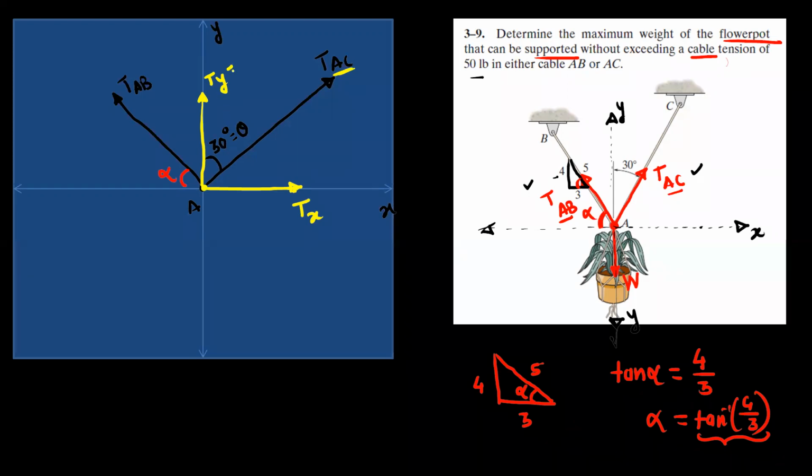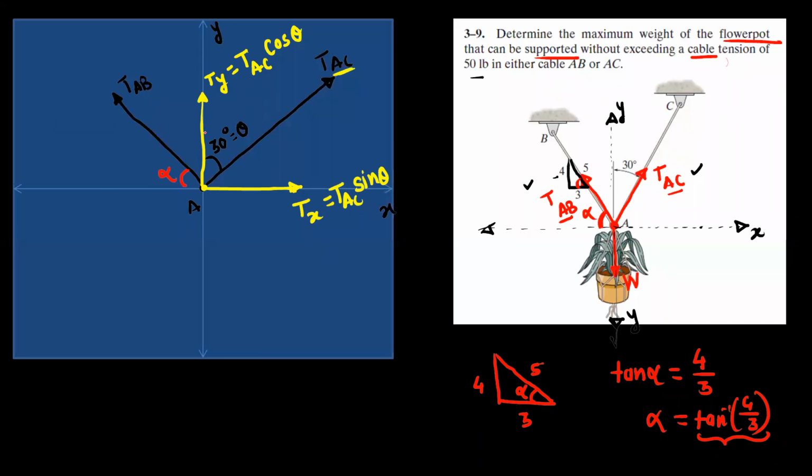So the net force is tension AC; adjacent to theta means cos theta. Tx is opposite, so it is tension AC sine theta. This is the resolution for the tension AC. Similarly, we can resolve the tension AB.